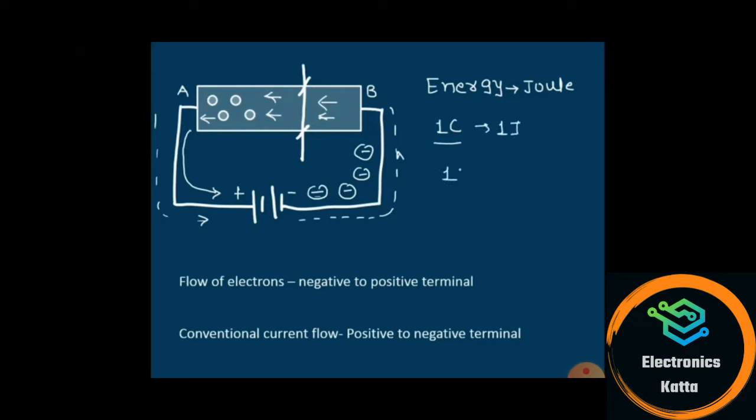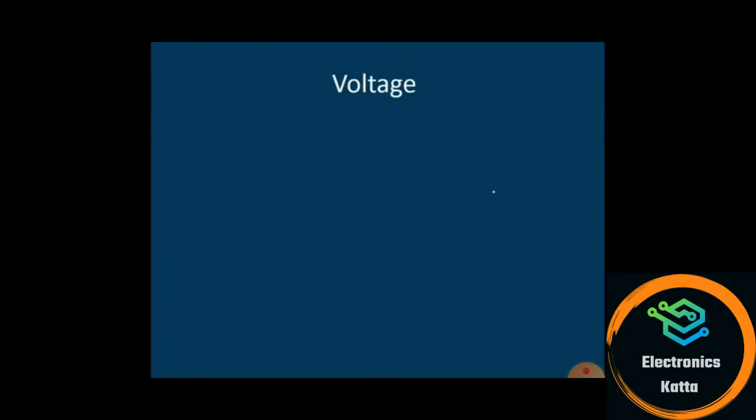If 1 joule of energy is required to move 1 coulomb of charge from negative to positive terminal, then we can say that the potential difference between the positive and negative terminal is 1 volt. That is the definition of voltage.